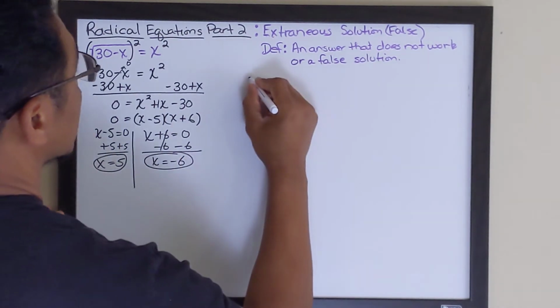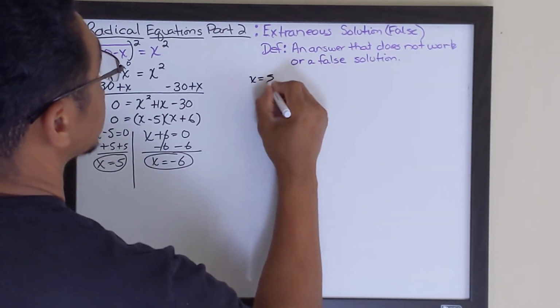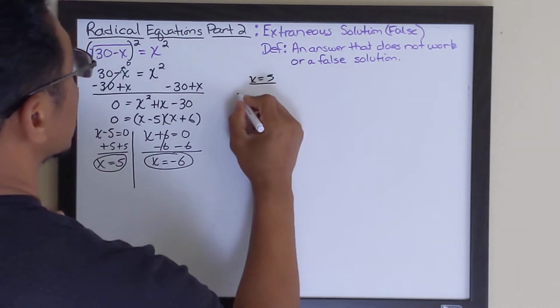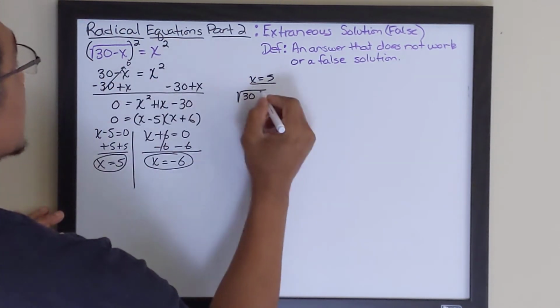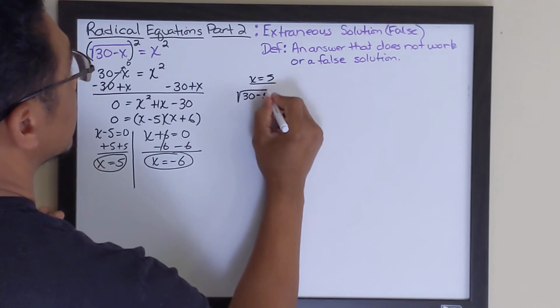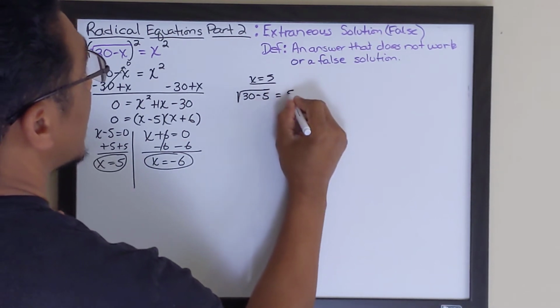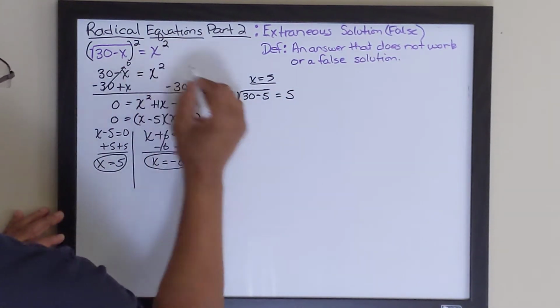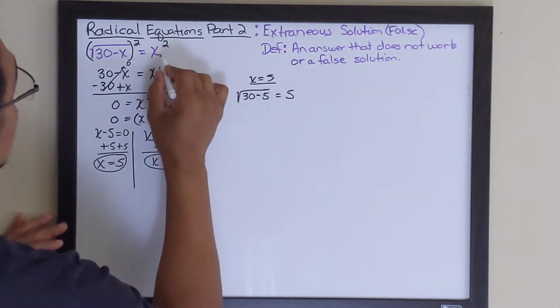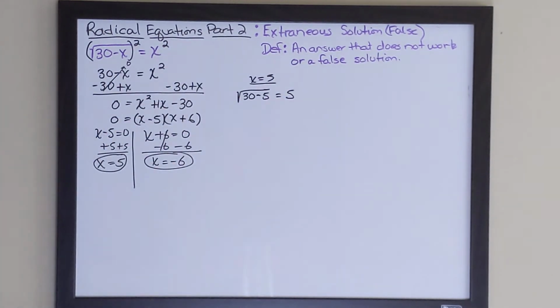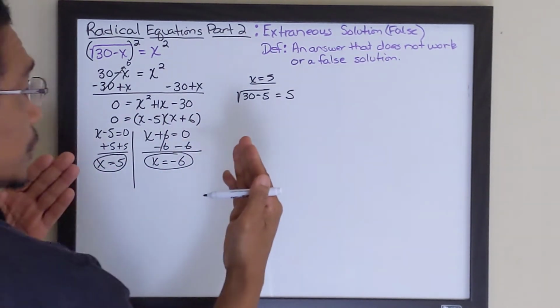We're going to start with x equals 5. So the equation is the square root of 30 minus 5 equals 5. Wherever there's an x, I'm going to put in a 5. Remember, in the original equation, this was just an x. Let's see if this is actually true.